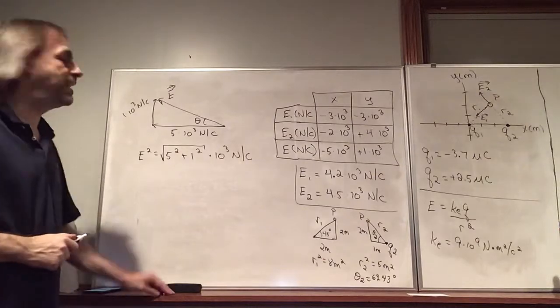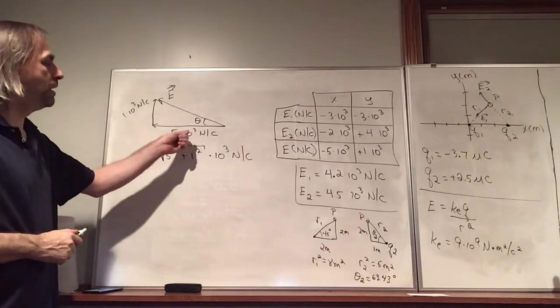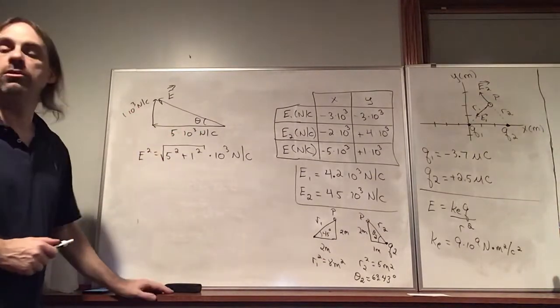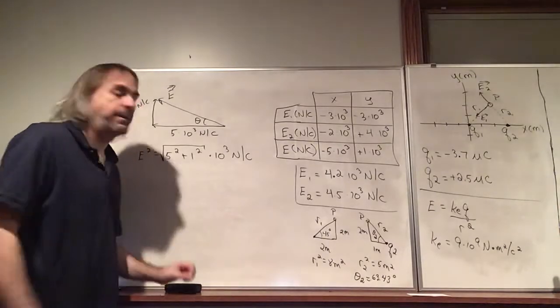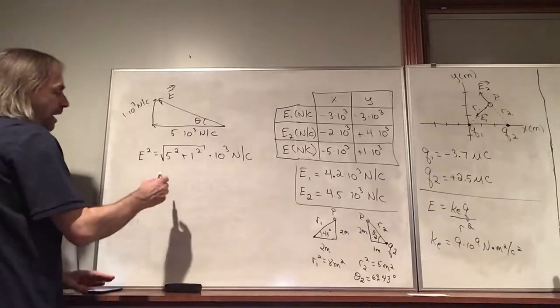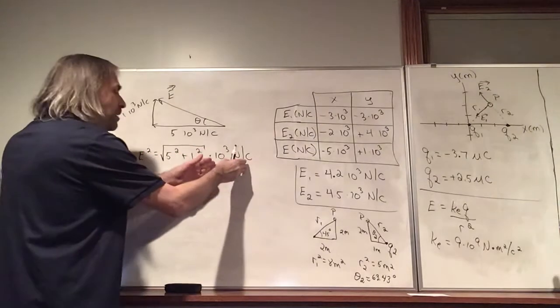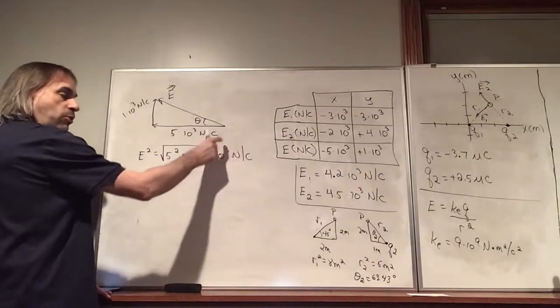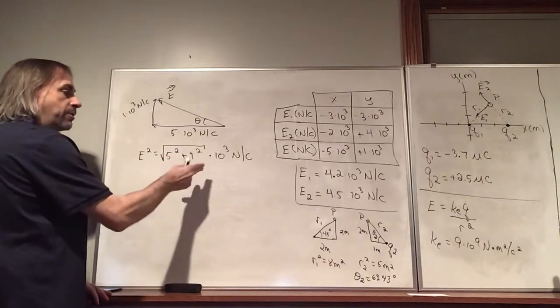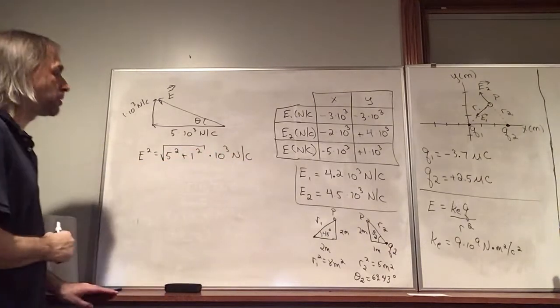So basically what I did is both of them have this common 10 to the third newtons per coulomb, so I just factored that out. Then when you add it up, you factor that out of each term, and we would have squared this factor in each of these terms, but then in the end we'll take the square root.